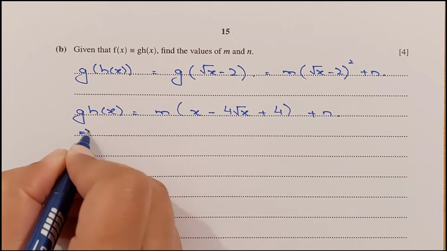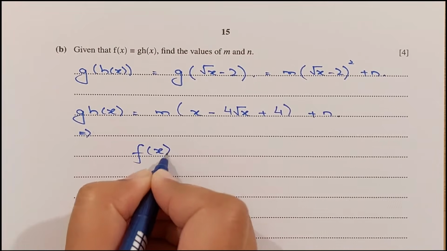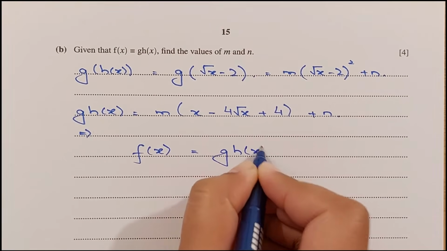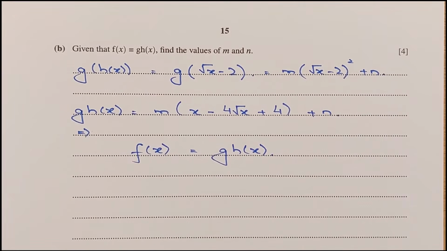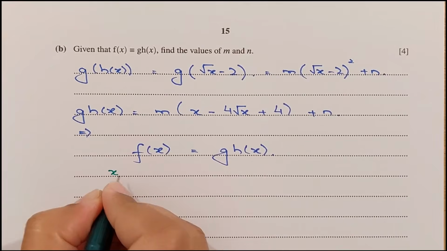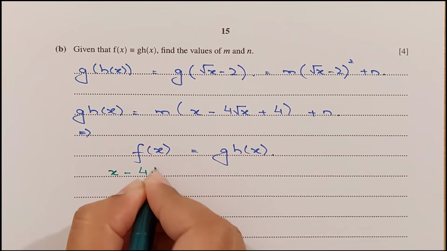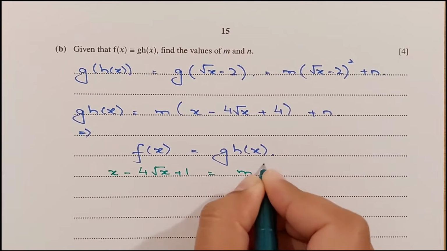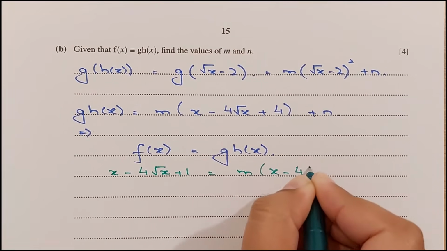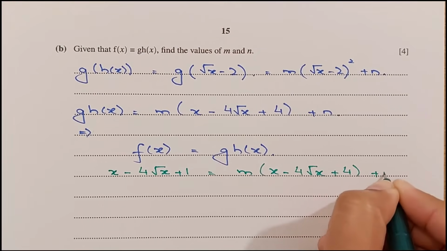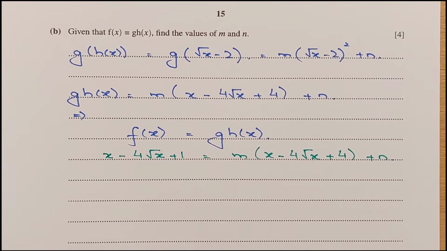Now let me substitute it. f of x is equal to g h of x. So we have f of x is given, that is x minus 4 square root of x plus 1. This is equal to m times x minus 4 square root of x plus 4, plus n, right?